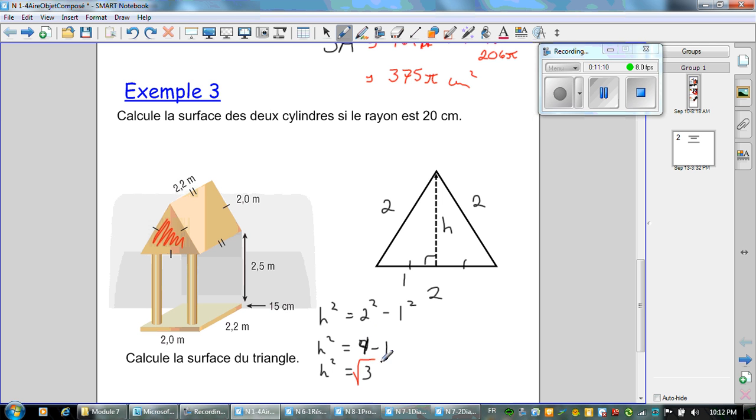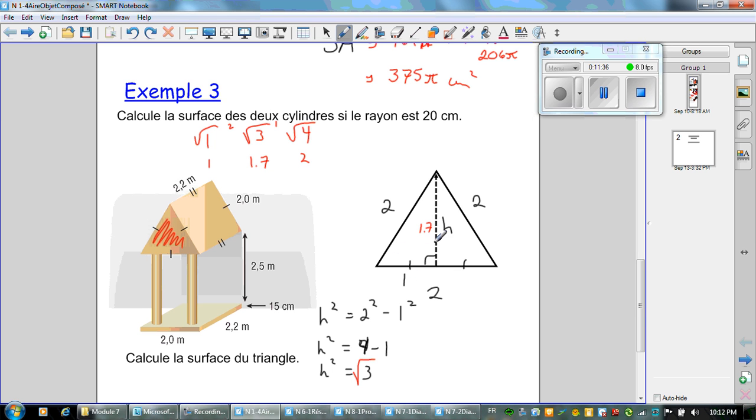So if you approximate that, you're looking to find the square root of 3. It's between the square root of 1 and the square root of 4. Well, that's 1. That's 2. It's a lot closer to 2, so it'd be like 1.7. That's a good approximation. So the height would actually be 1.7, 1 and 7/10.